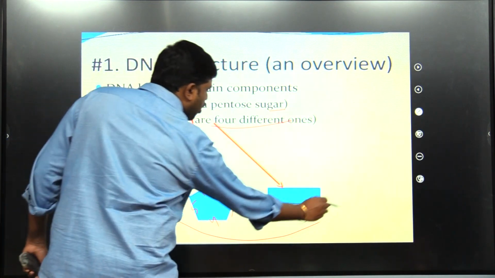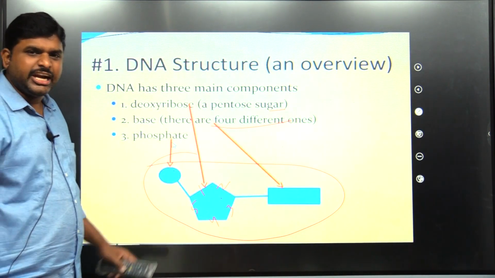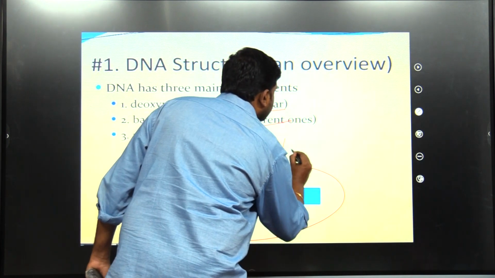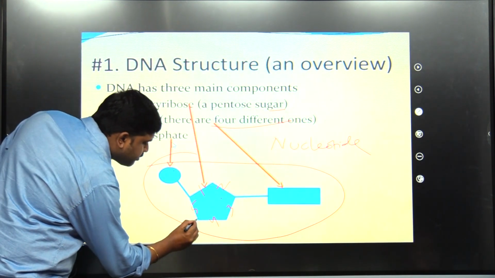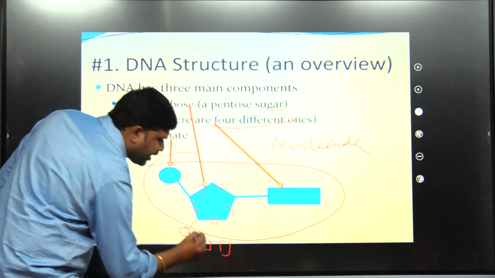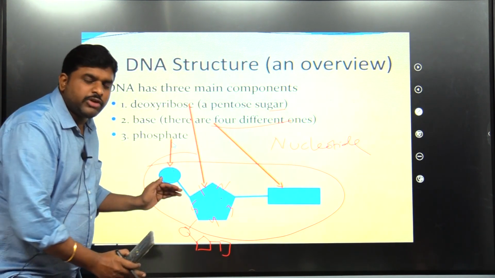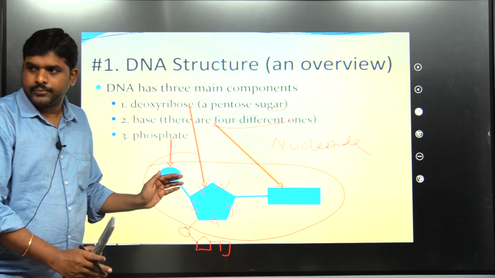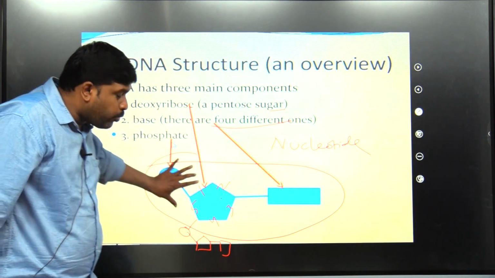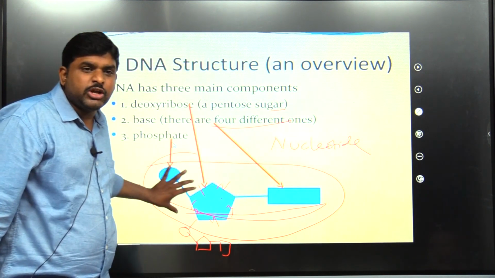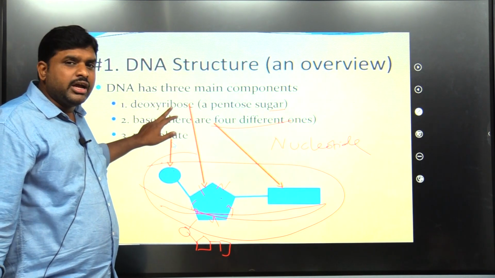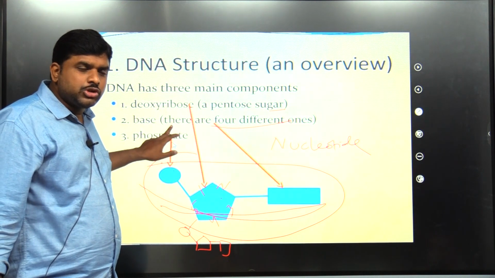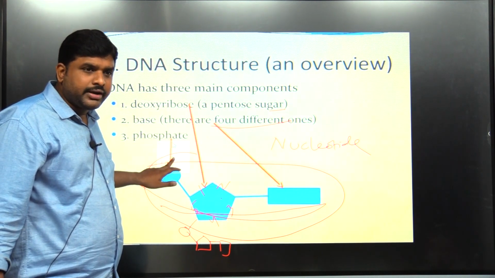These three together are called a nucleotide. This will join again with another nucleotide. So the combination of nucleotides is called DNA, where one nucleotide is nothing but a combination of pentose sugar, nitrogenous base and phosphate, one by one.